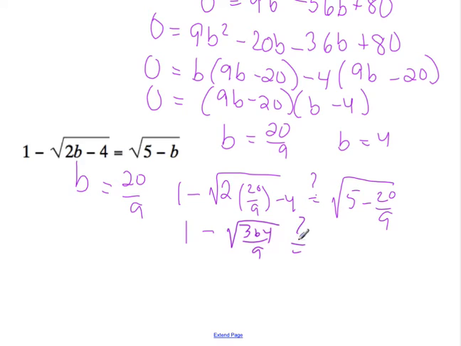The question is, is that the same as 5 minus 20 divided by 9, and that is 25 over 9. Notice how these are perfect squares, thank goodness. And then I find my left is 1 minus the square root of 364 divided by 9. Let's see what that is.